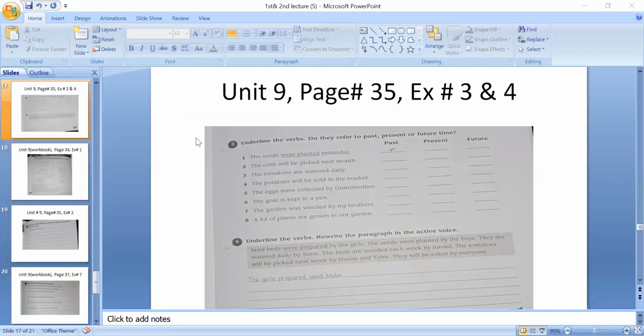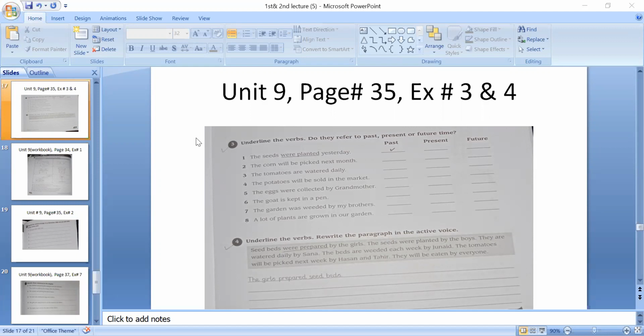Sentence number 6. The goat is kept in a pen. Yes, Manahid? Yes, teacher. The goat is kept in a pen. Please tell me which verbs will be underlined. Is kept. Good.